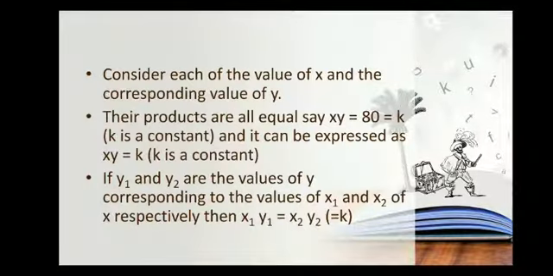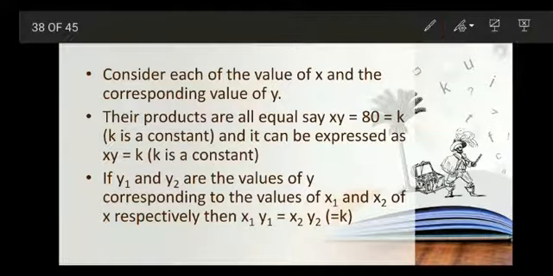When you take two different values x1 and x2, corresponding to x1 you will have a value y1, and corresponding to x2 you will have a value y2. So in the case of inverse proportion, x1 y1 is equal to x2 y2.